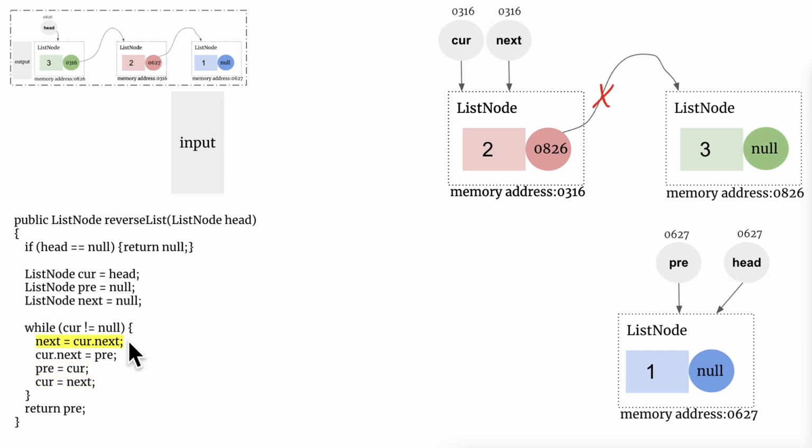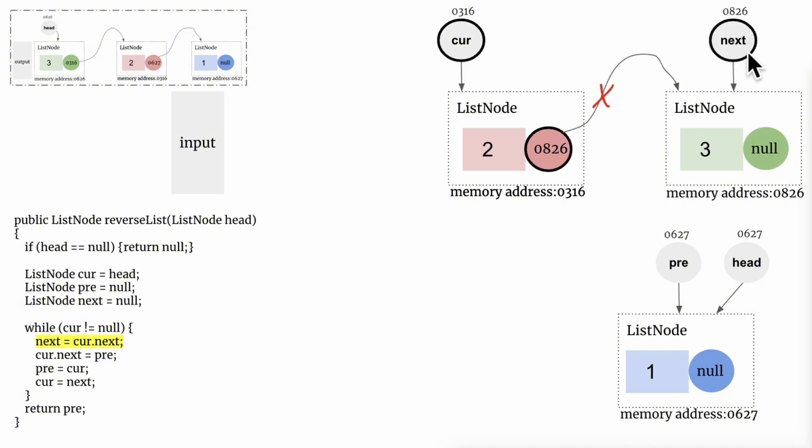To reverse a singly linked list, our goal for node 2 is to transform from the second node into the second-to-last node, and node 2's next reference should point to node 1. So I need a pointer next to help me maintain this current next reference.